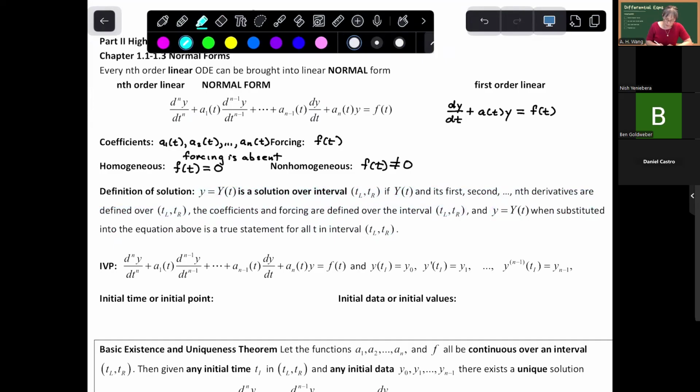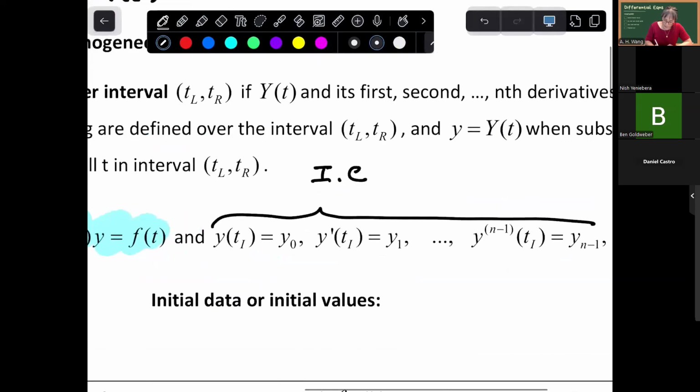And notice if you have an initial value problem, here's the differential equation, and then you have your initial conditions over here. You have to have several of these. If it's nth order, the way we're going to number it is to start off with y0, y1, dot dot dot, y n minus 1.